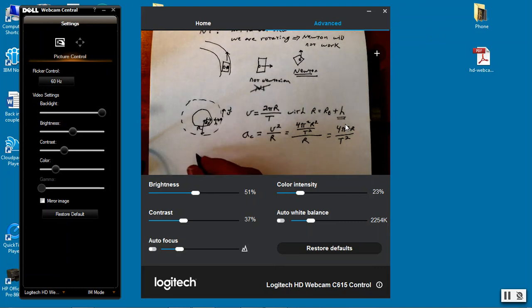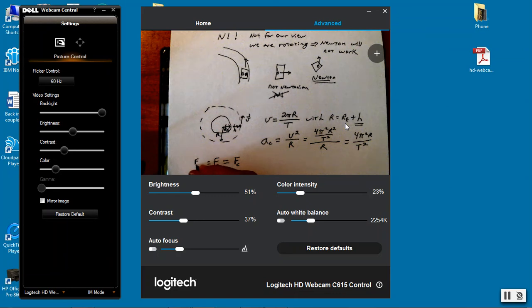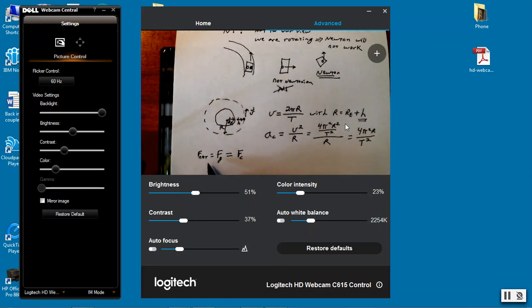But we do have Newton's law of gravity. In this case, the only force acting is the gravity force. So that must be the centripetal force. The total force is the net force. In this case, the only force is gravity, so the net force is a gravity force.